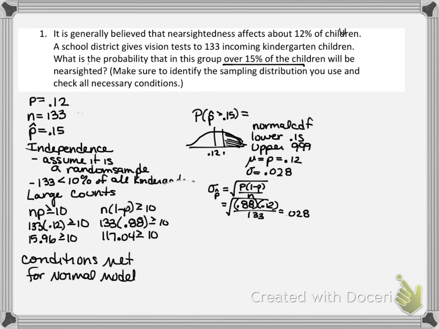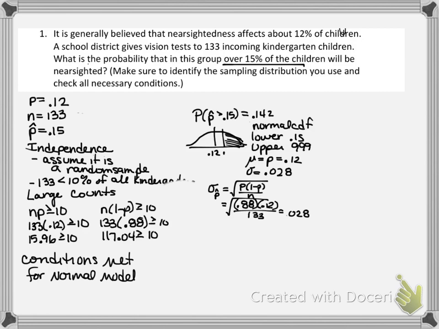Using my normal CDF, my lower bound is 0.15, upper bound is 999, mean 0.12, and standard deviation 0.028 gives me a probability that over 15% of the children will be nearsighted of 0.142.